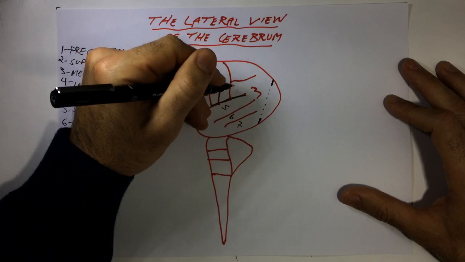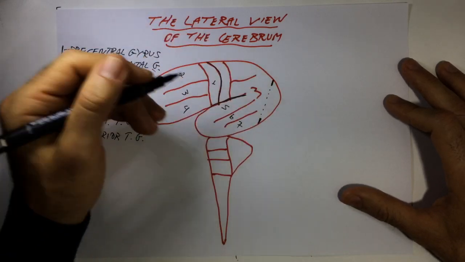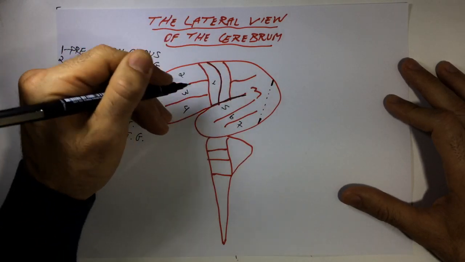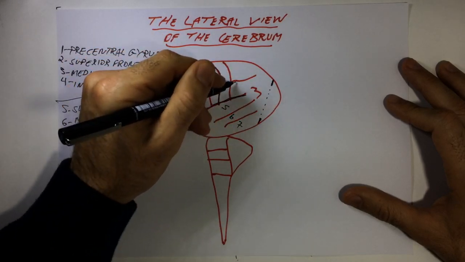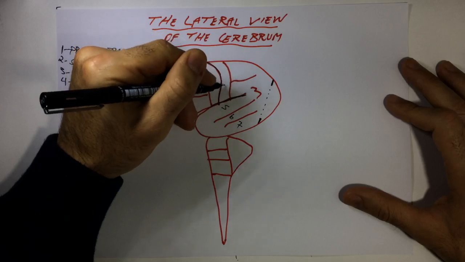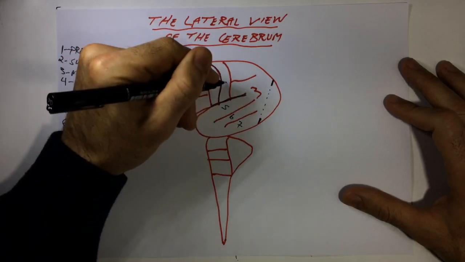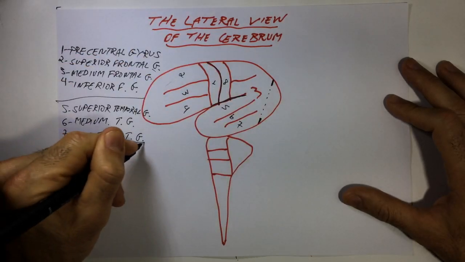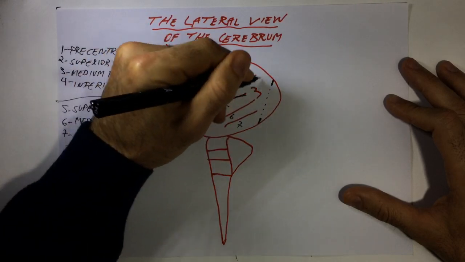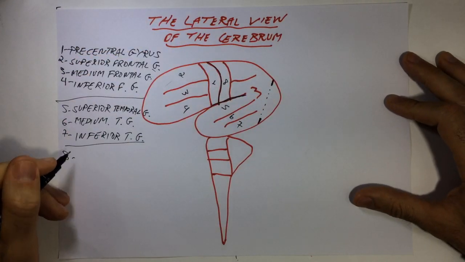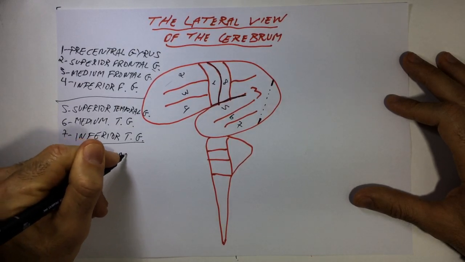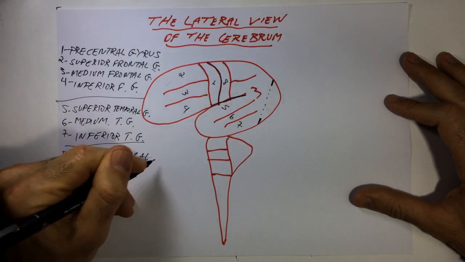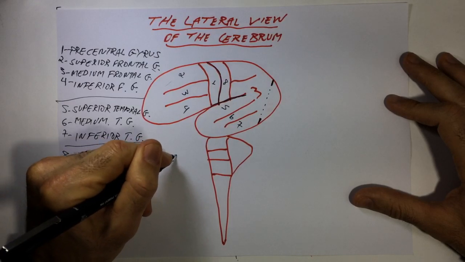Here, of course, we have a different situation because, as I said before, we don't have two sulci here, but we have just one here in the middle. So this gyrus here is going to be 8 in the parietal lobe. It's called postcentral gyrus.